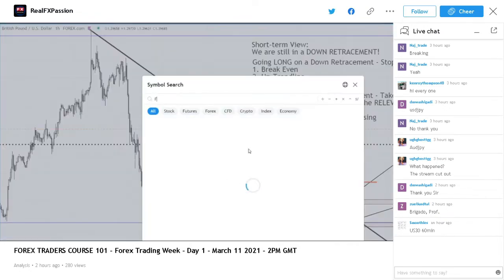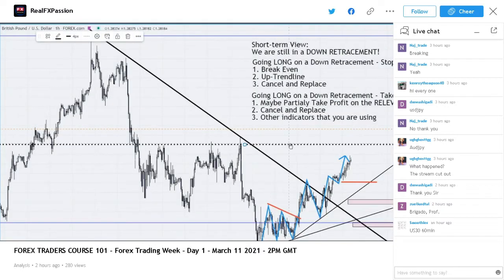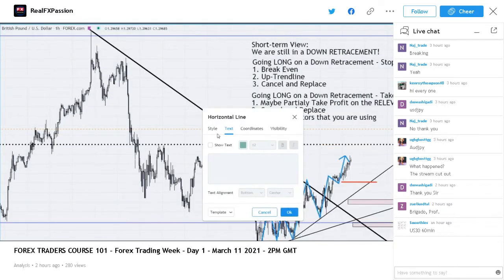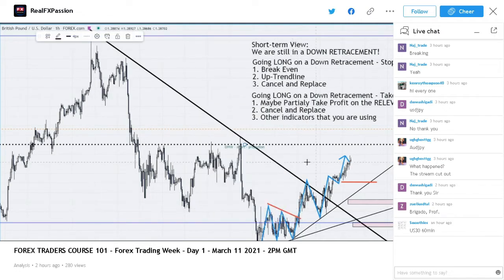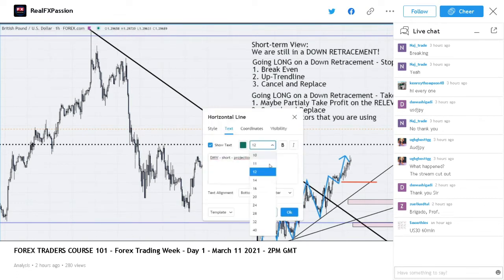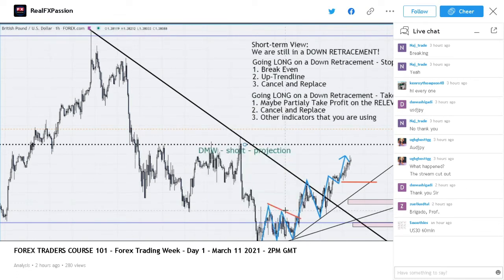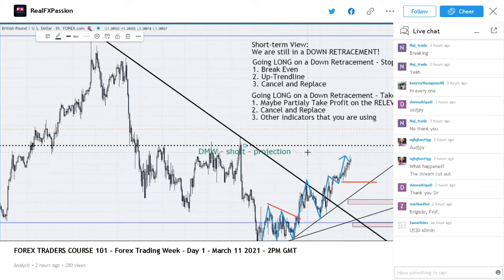Text, so double click and show text. Okay, so this is DMW projection, short projection. And one more time, let's do it something like this. Okay, 1.4000, cool.